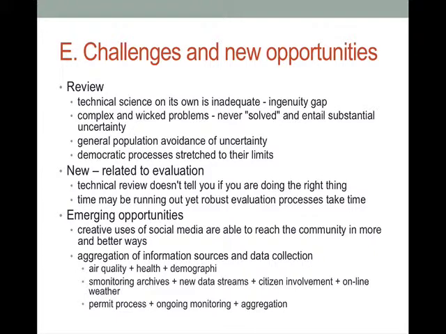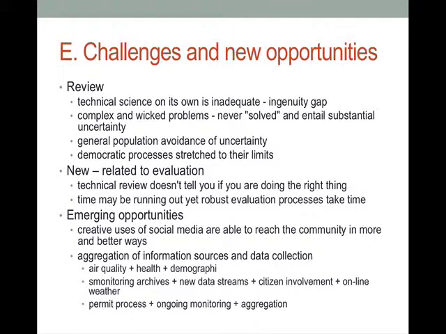Okay, now let's say we did this evaluation and we had a nice functioning community that was operating now. It would be ongoing. We would say, well, maybe we need more information about particular aspects of running this natural resource rich community. So just to review, the technical science on its own is inadequate.